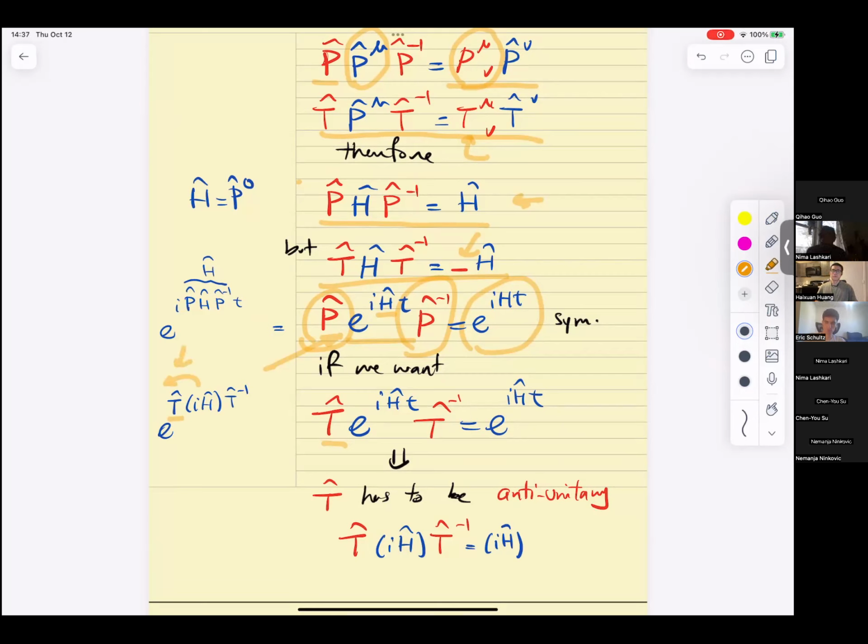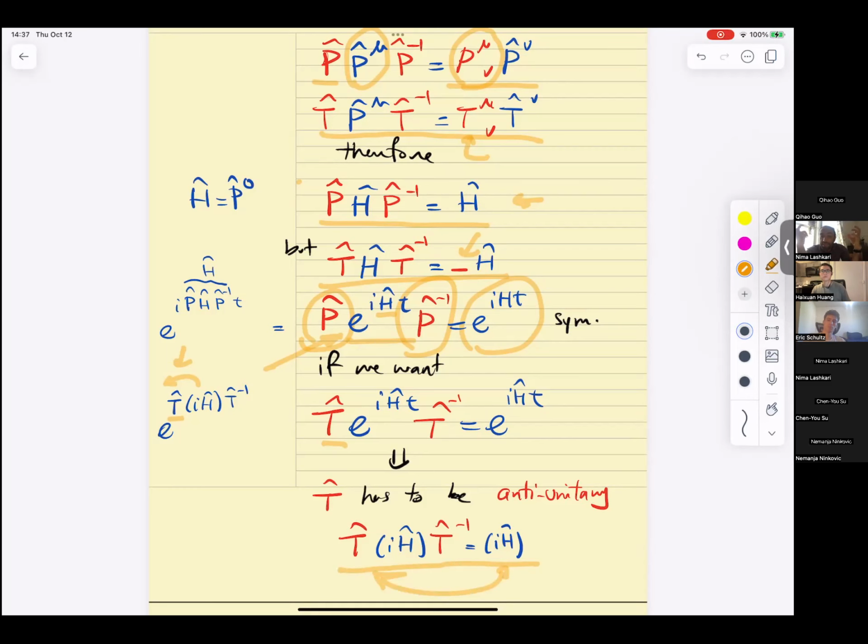If you pick T to be anti-unitary, then when you take complex numbers out, they flip the sign. It takes a complex conjugate of it. So T iH T minus 1 will remain iH if you pick T to be anti-unitary. That is why in Wigner's theorem you're given a choice, unitary versus anti-unitary.